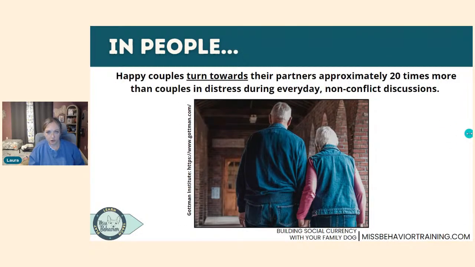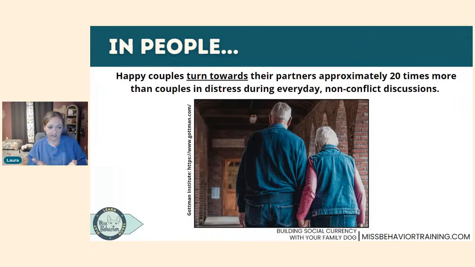So studies have shown through the Gottman stuff, so I give them credit here. Happy couples turn towards their partners approximately 20 times more often than couples in distress during everyday non-conflict discussions, just during everyday stuff. Okay. Not during fights or arguments. That's huge.